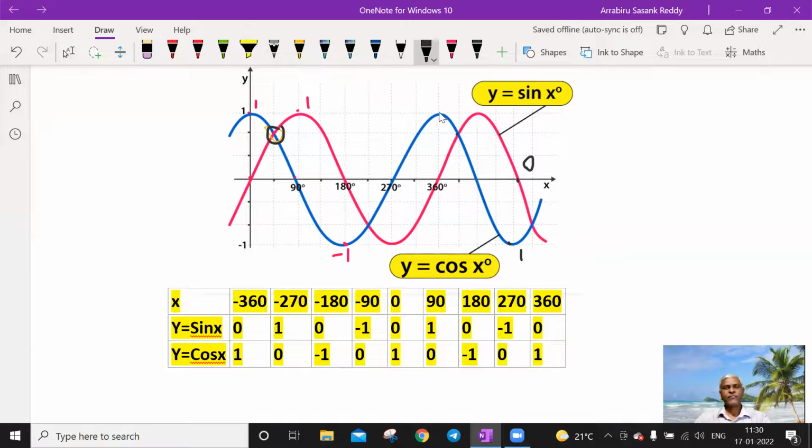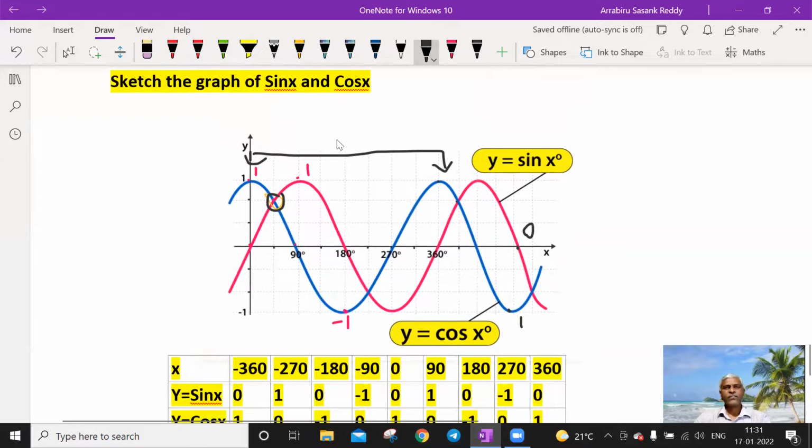Same value reached, by observing the curve. So for cos, cos 0 is 1, again 360 is 1. So this distance is 2 pi.